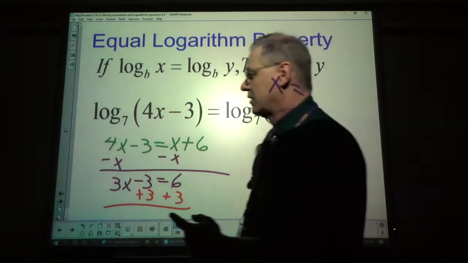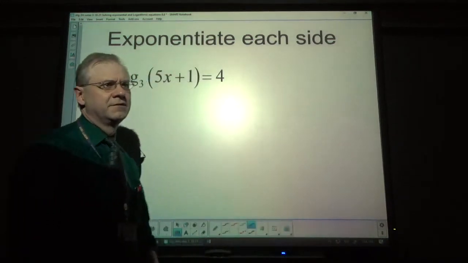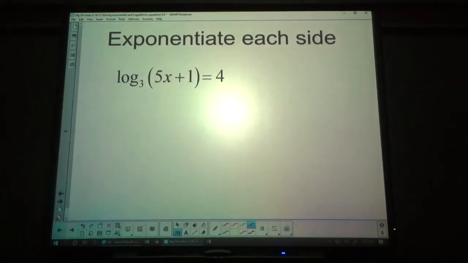Equal log property. Exponentiate. This is our last one. And this one is a little bit unexpected. You recall, I think, that when you have the same base with equal powers, you can set the two powers equal to each other.